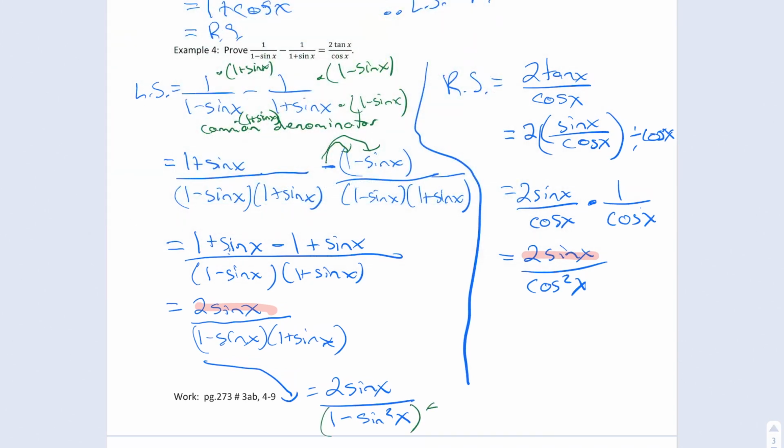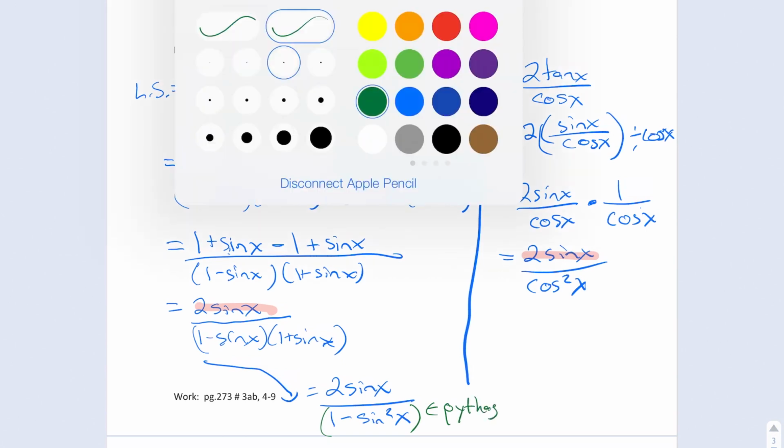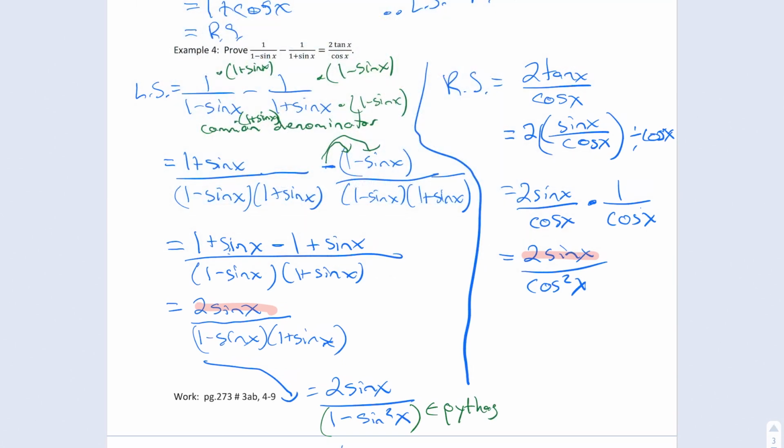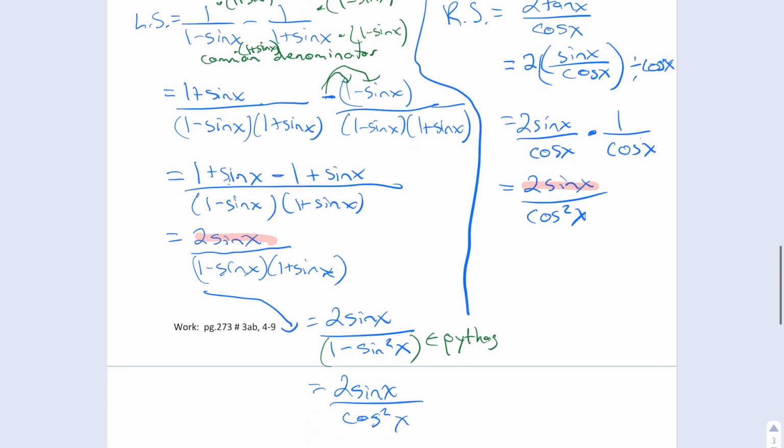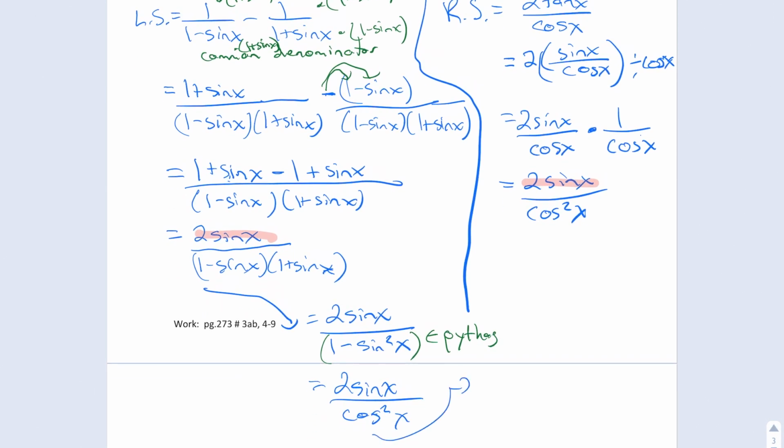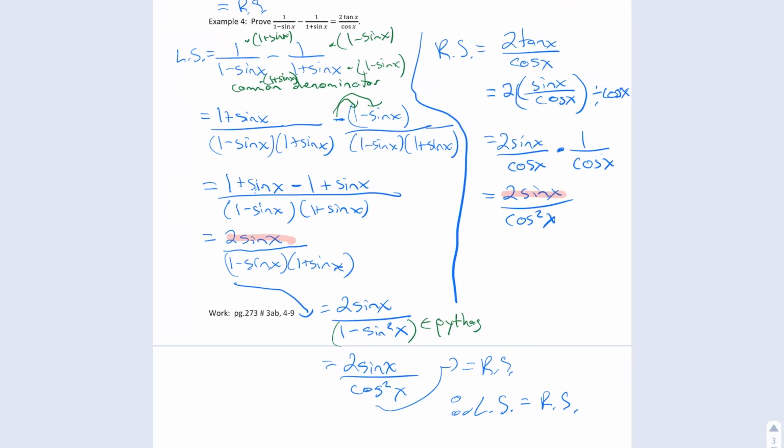Now what's going to happen? I try to recognize this: that's the Pythagorean identity, and I can replace that with cos squared x. If that is not obvious to you, I would not be surprised at all because you're just starting this. But try to look for when you have squares and 1, and often that's going to be the Pythagorean identity. So now what I end up with is equal to the right side, and therefore left side equals right side.